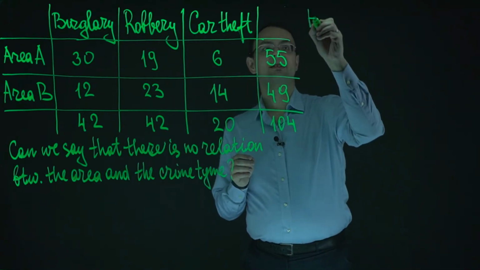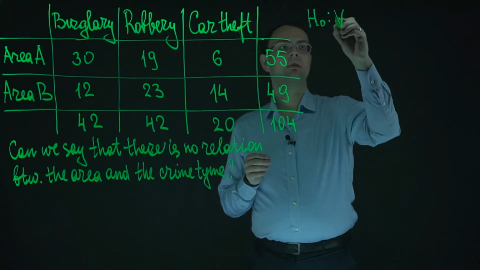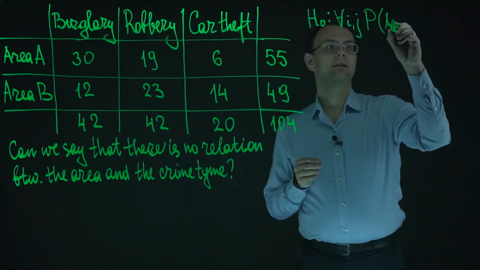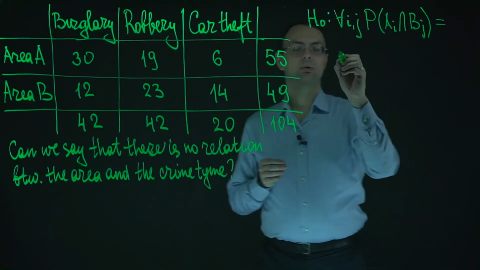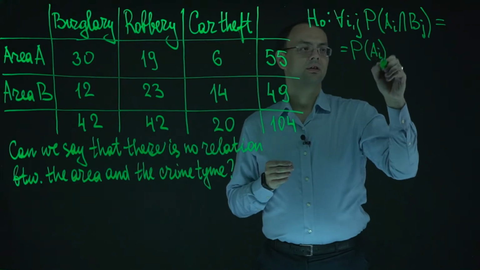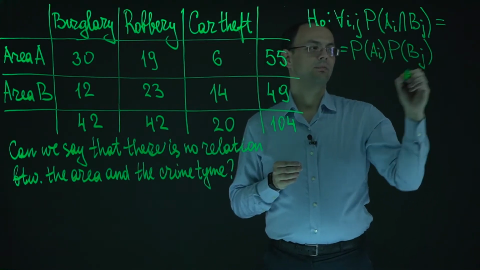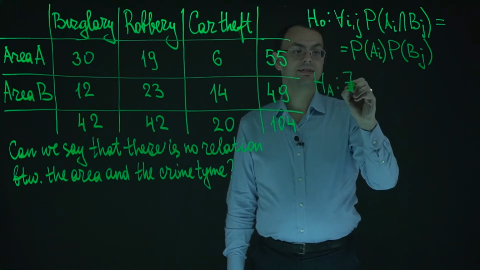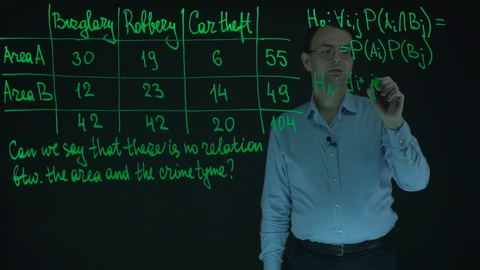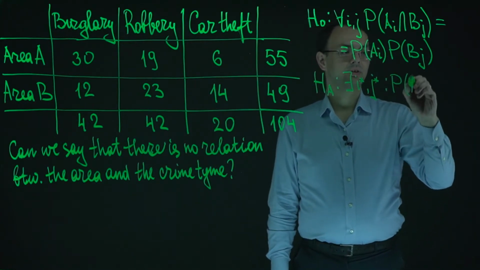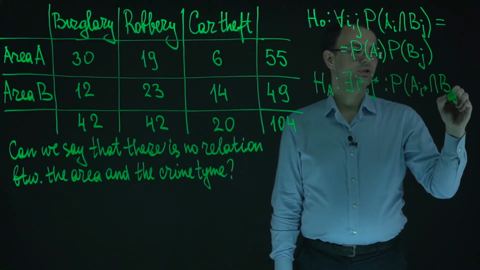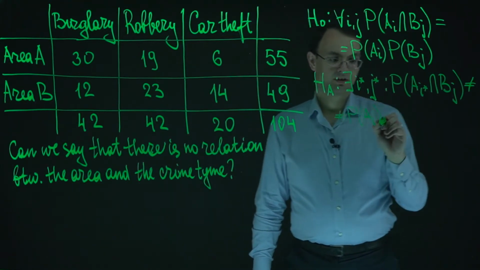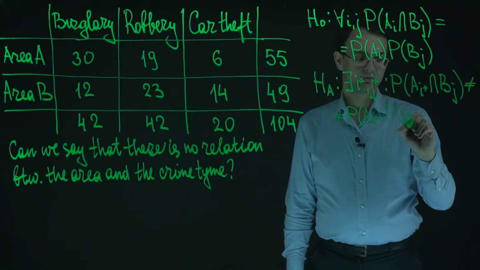Let us test the hypothesis that for all i's and j's, P of Ai intersection Bj is equal to P of Ai times P of Bj, against the alternative that there exist such i and j such that P of Ai intersection Bj is not equal to P of Ai times P of Bj.